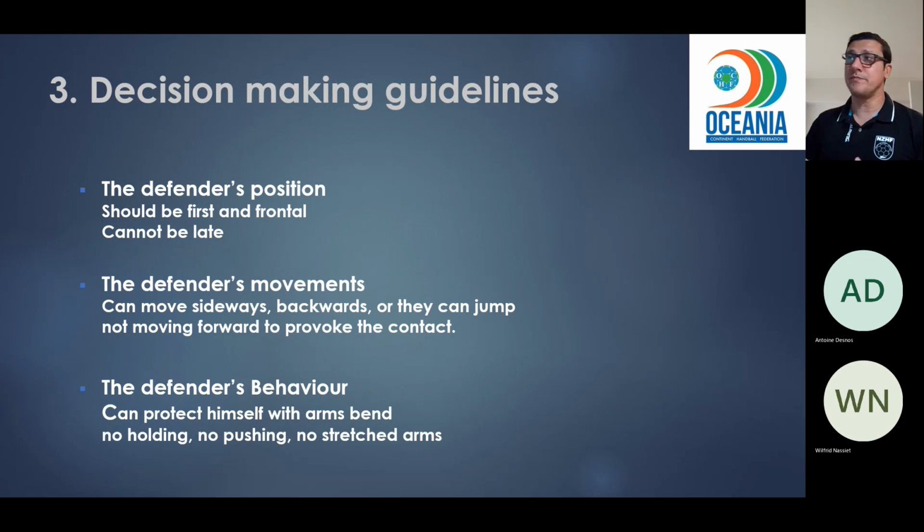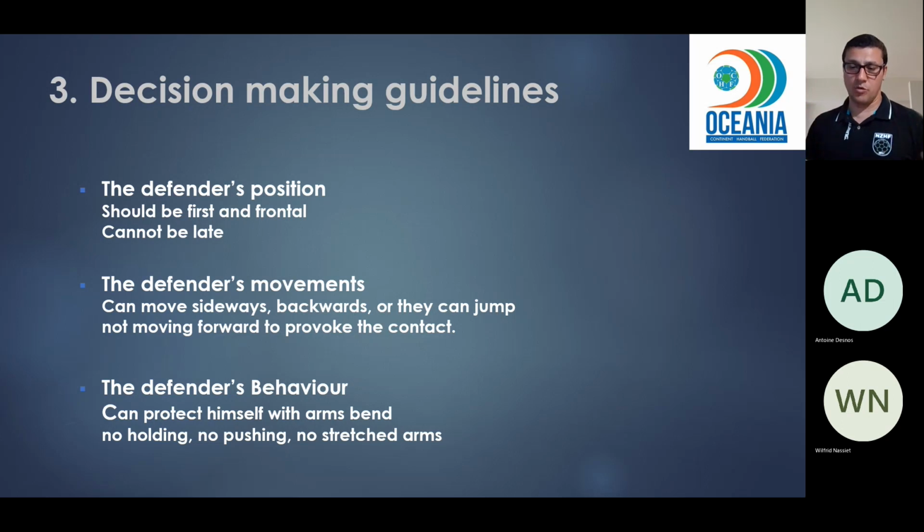We have as well some decision-making guidelines, something that we should be looking for to identify the attacking fault. That is, first, the defender's position. A correct position means that the defender is frontal when the contact is made.